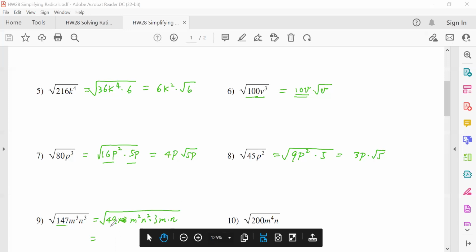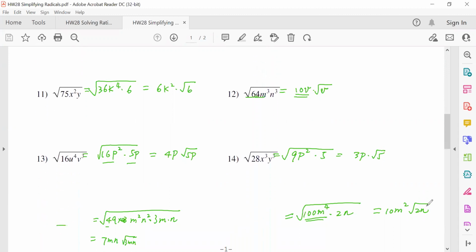So you can get here is 7mn square root 3mn, right? This one. So this one is 100m times 2n. So this one can break it down by itself, right? So you get 10m squared square root 2n. That's way much easier, right?